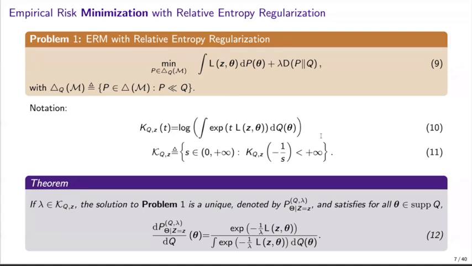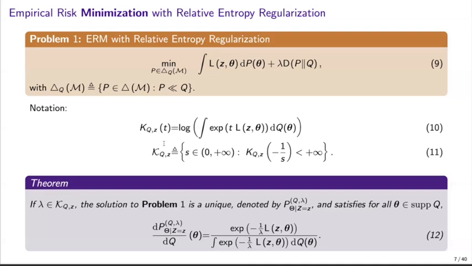My suggestion for this talk is just to see that function KQZ is essentially what we need to normalize this for being a probability measure. If we keep it as simple as that, I think it's better because you're right, there are a lot of properties, but let us keep it simple.